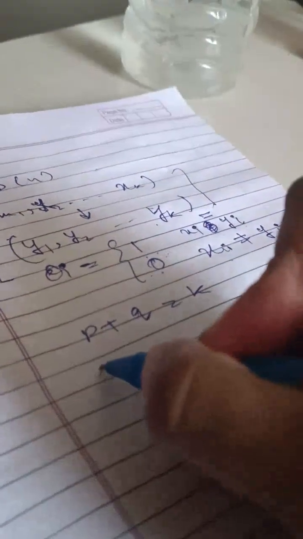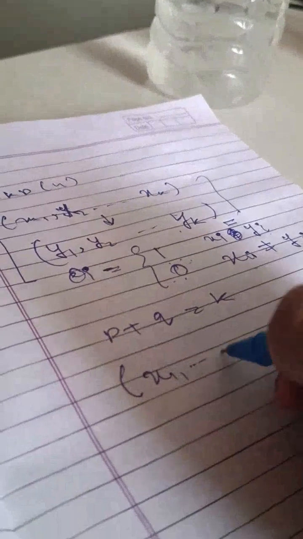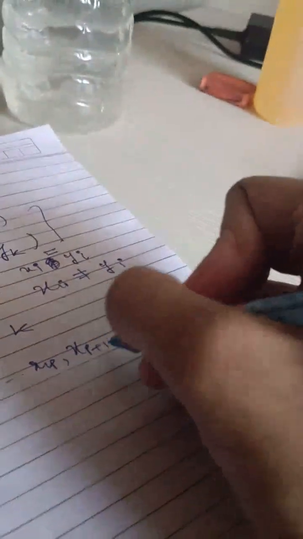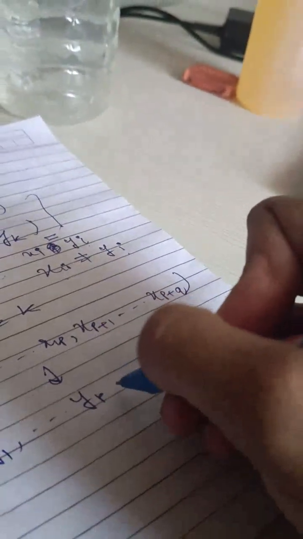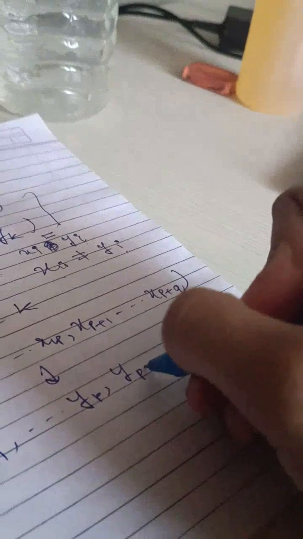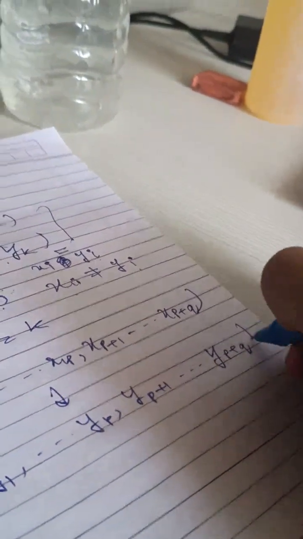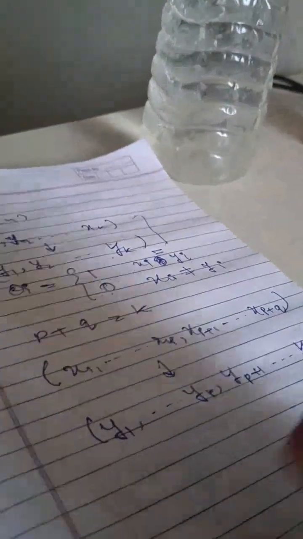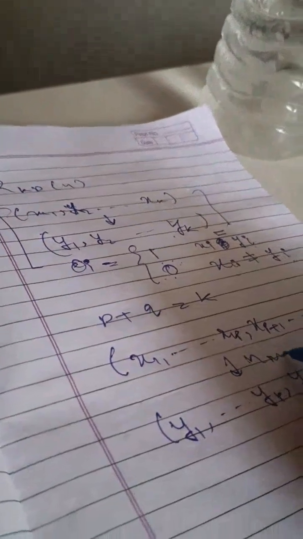Then one can say that we go from x1 till xp, then xp plus 1 till xp plus q, to y1 till yp, then yp plus 1 till yp plus q, in n moves.